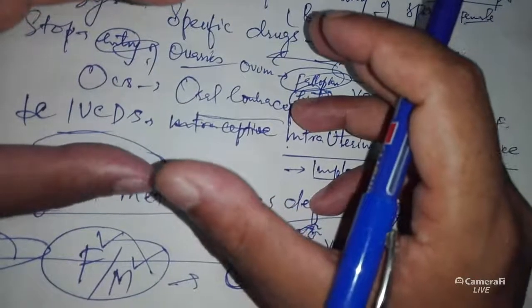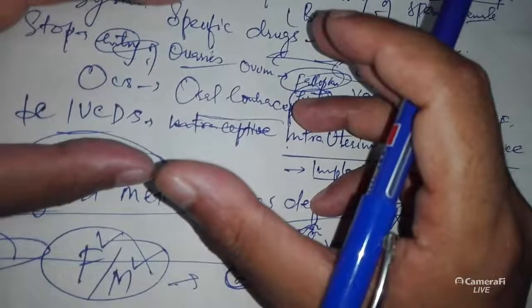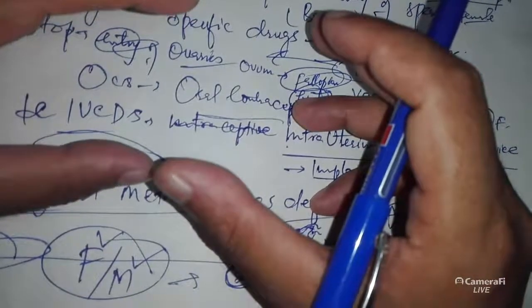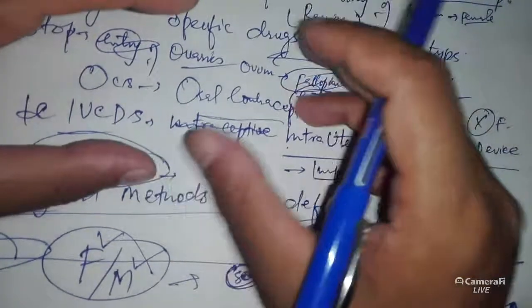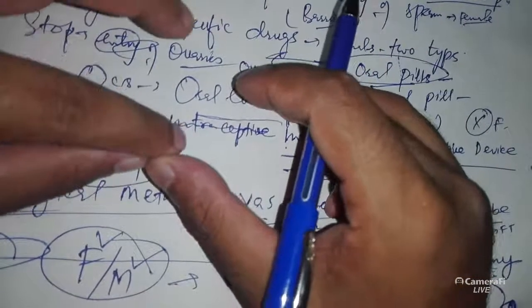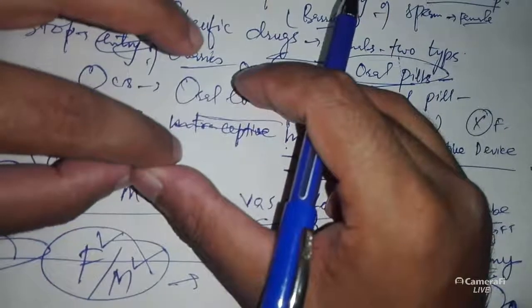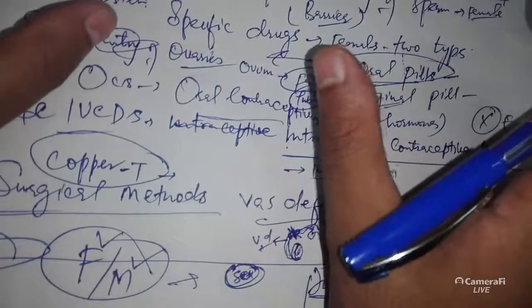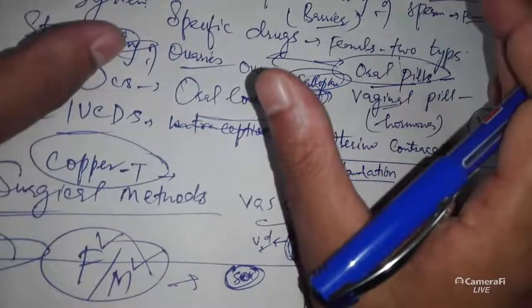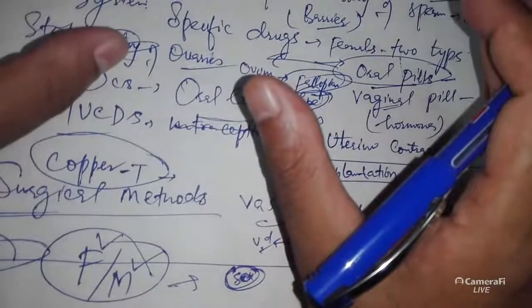Then the next question is, what happens to the egg if it is fertilized? And the last question is, what happens to the egg if it is not fertilized? I will repeat my questions.